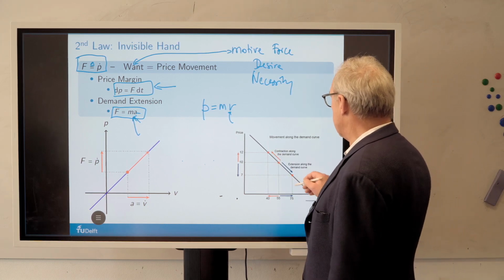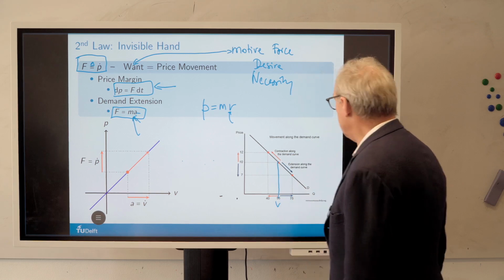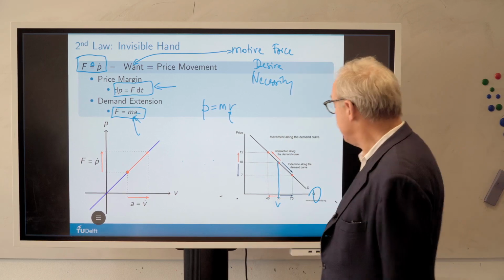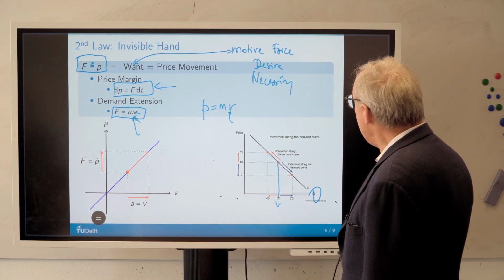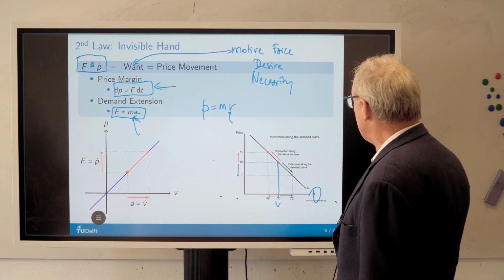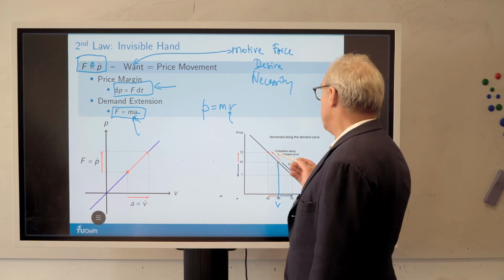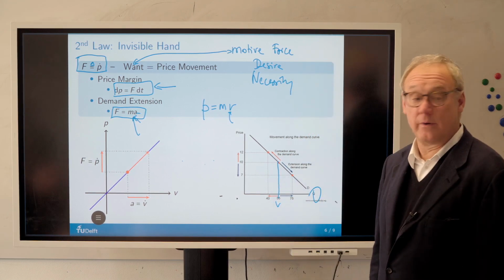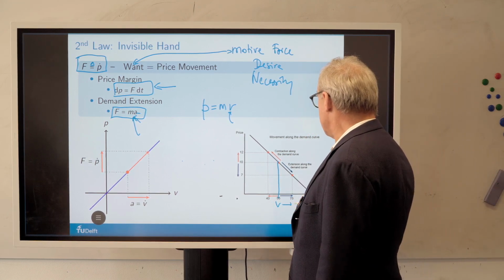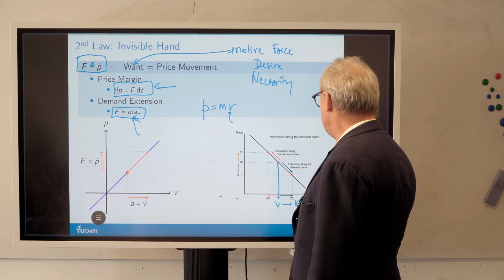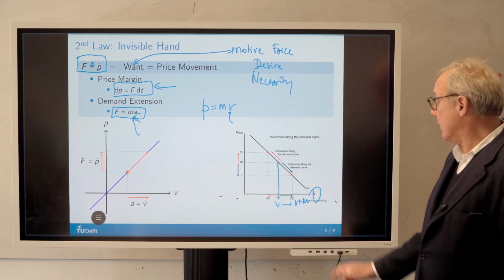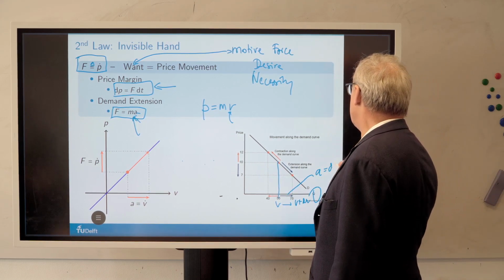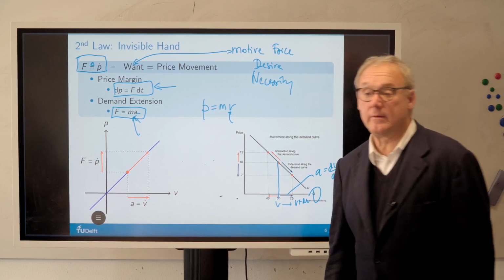So here's the demand line. This is some quantity demanded that they have. They call it Q. We'll call it V because of velocity or volume. And economists talk about a movement along the demand curve. They'll have a contraction of demand, so there's less demand, and an extension of demand when there is more. All right? So this V goes to some V plus dV, right? And if you look at the rate that happens over time, then that rate will be, all right?